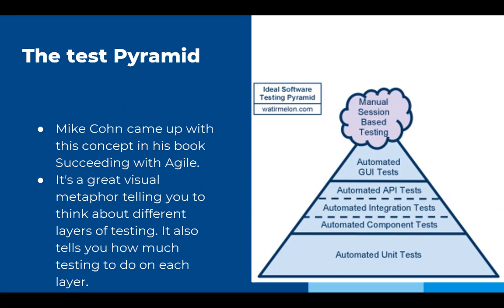The biggest amount of automated tests will be automated unit tests, and as we move up in the pyramid, we require a little bit fewer automated tests in each of the layers. For example, we will need a little bit more unit tests than UI tests. This is, I think, a pretty important idea about the test pyramid.